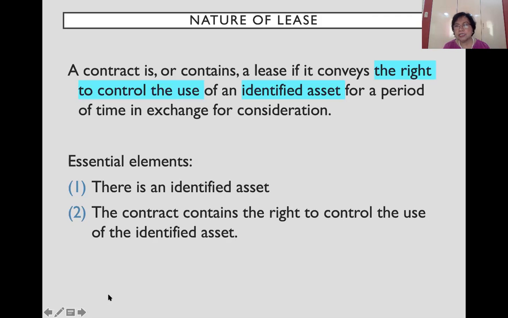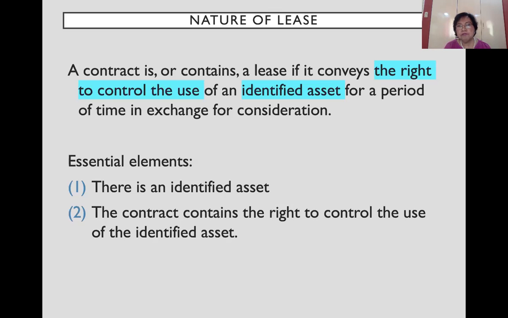If the contract does not contain a lease, then you have to shift to other IFRSs with, let us say, property, plant, and equipment if the asset is one of PPE, or IAS 38 intangible assets or investment property, or in some cases even IAS 2 inventories.